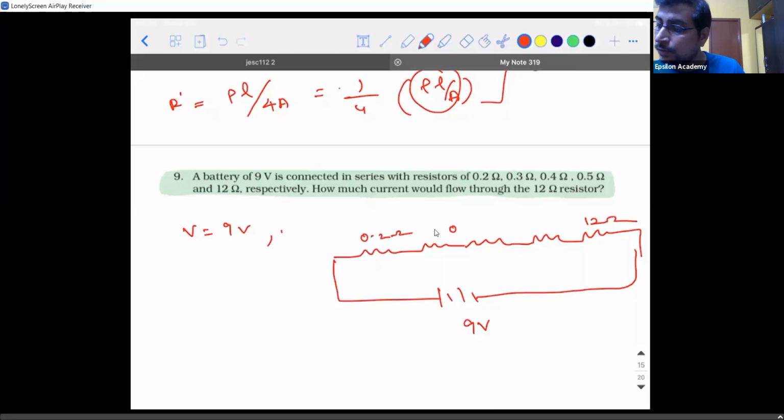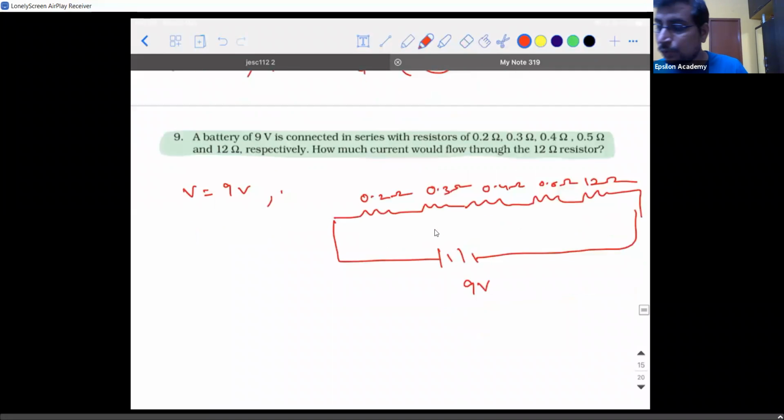How to do this? So calculate the total current. How are they connected? In series. So equivalent resistance in series in this case is going to be 0.2 plus 0.3 plus 0.4 plus 0.5 plus 12.